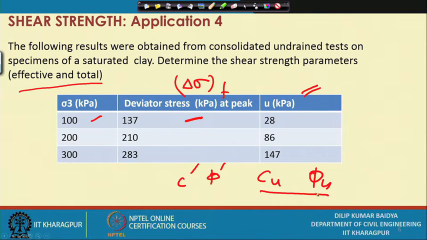I have to find this out mathematically, that means by solving equations. We have some equations relating C, phi and sigma 1 and sigma 3, and those equations can be utilized to find the unknown C and phi based on the known values of sigma 1 and sigma 3.